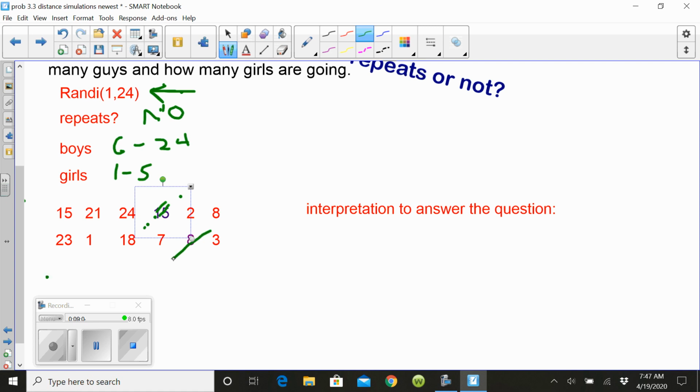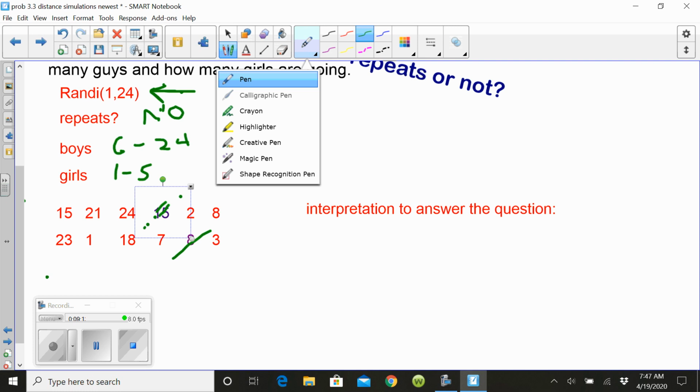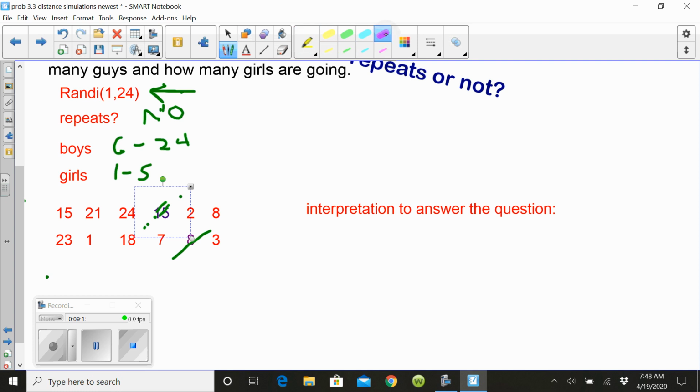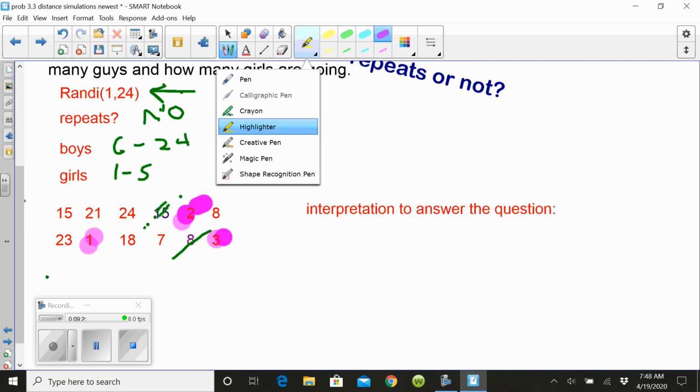I got another 8, and I had to disregard it. So I got my 10 numbers. And remembering now that I said any number from 1 to 5 is a girl, I'm going to go up here, a girl, that with a 2, there's a girl, and there's a girl. I got 3 females.